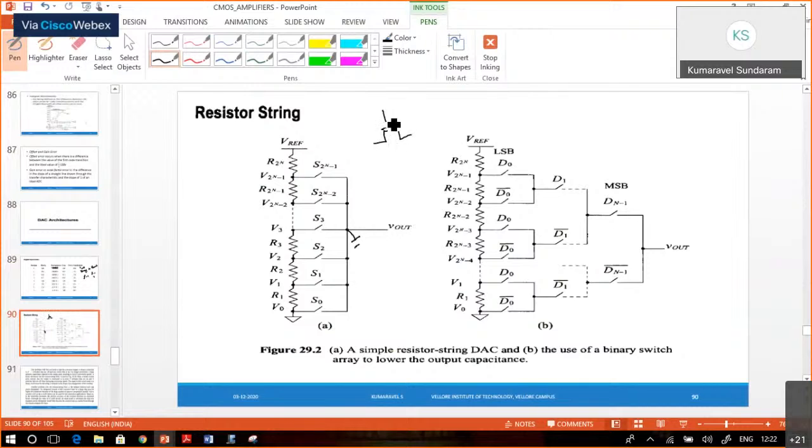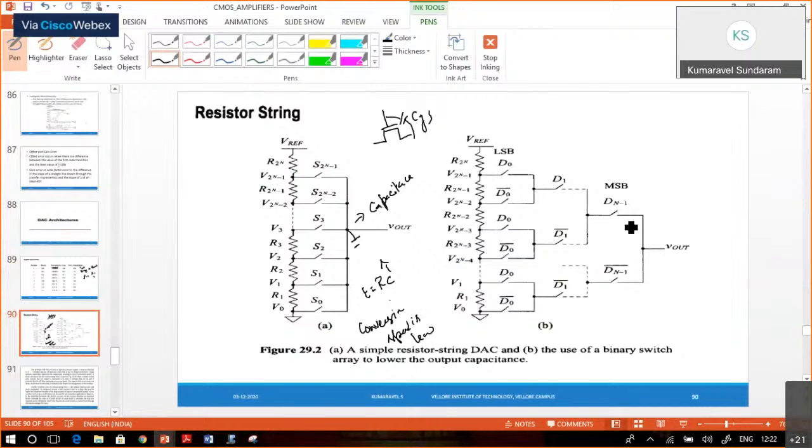Everything will be in the triode region. So this CGD, the capacitance effect is going to be more. Capacitance effect being more means T is equal to R into C, so the conversion speed is going to get reduced. The demerit is that conversion speed is less.